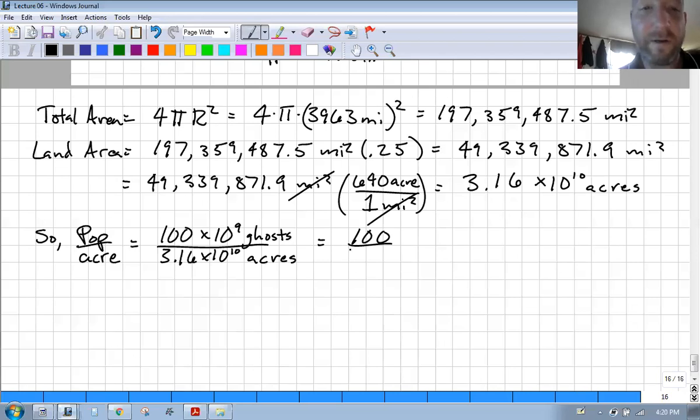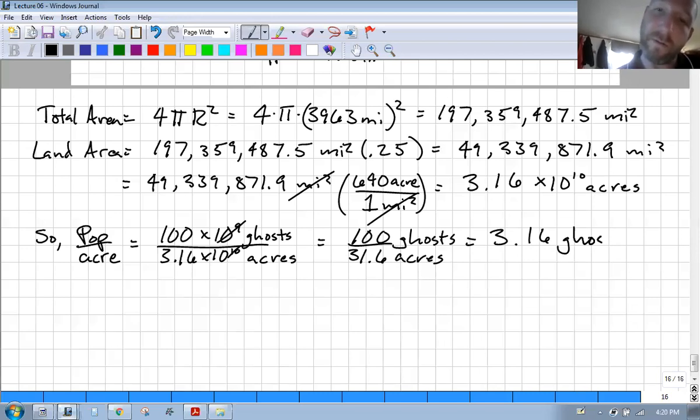We have 100 over 3.16 times 10. The 10 to the 9th goes away, and we're left with just a 10 down here, so 31.6 acres. So 100 divided by 31.6 is 3.16 ghosts per acre.